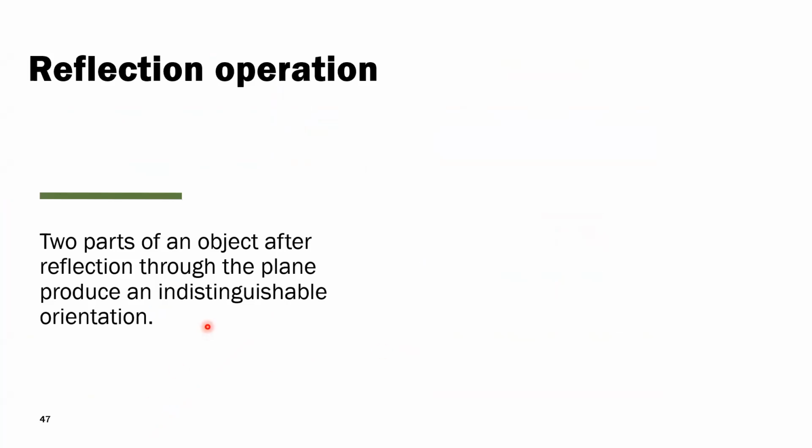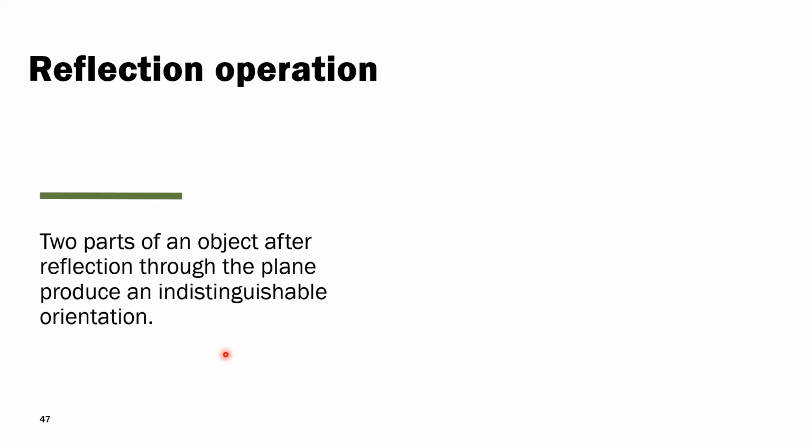Right? So two parts of an object after reflection through the plane produce an indistinguishable orientation. We saw at the beginning symmetry in nature, where the butterfly, the leaves, the flowers, you get two parts which give you indistinguishable orientations, right?